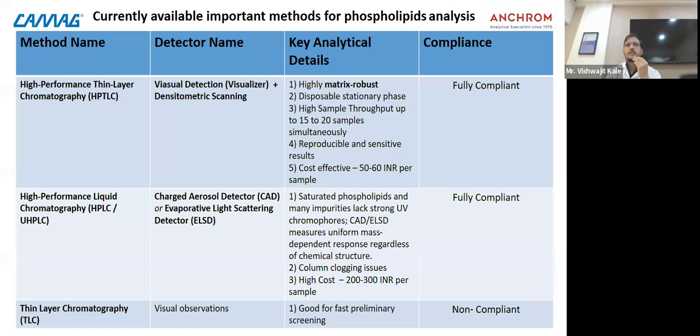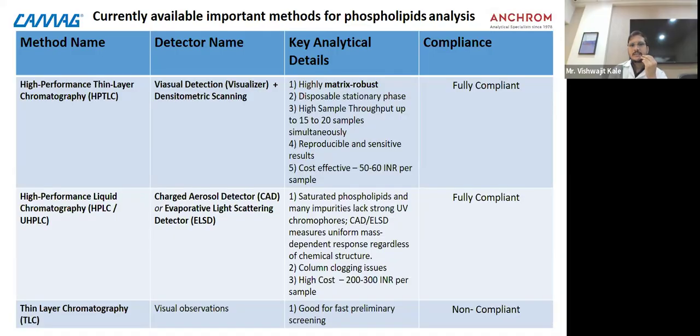Currently, these three important methods are available for the analysis of phospholipids and their impurities. First method: as Paul said at the start of this webinar, we took a poll, and we understood that many participants are using the HPTLC method for the analysis of phospholipids.